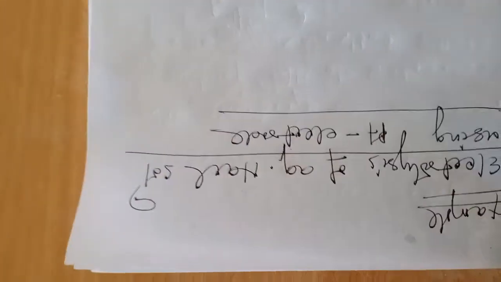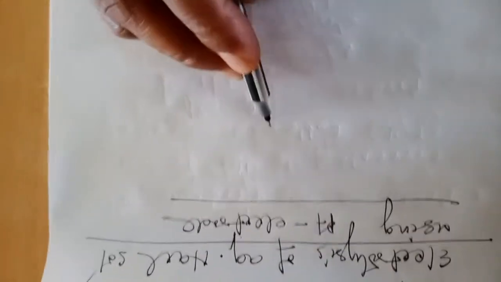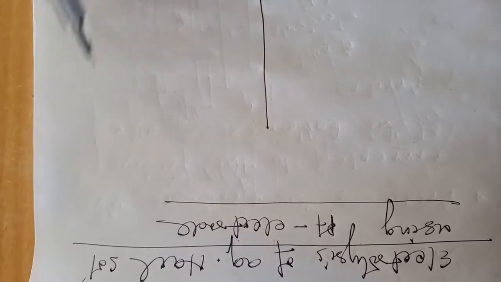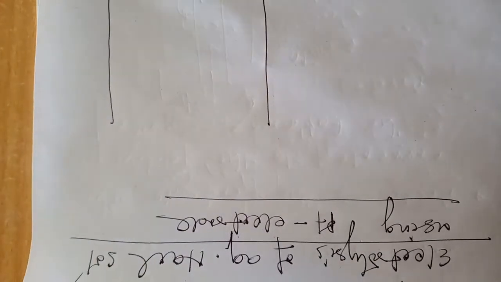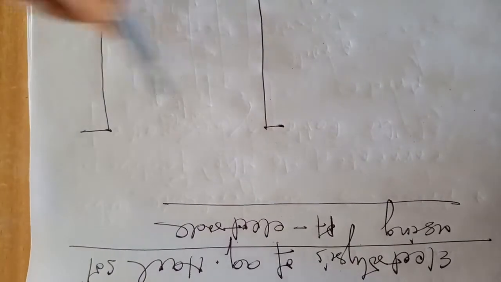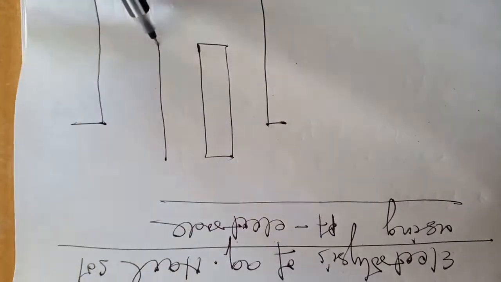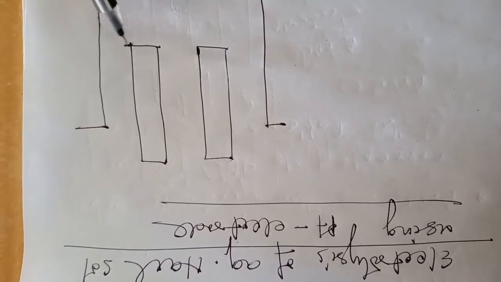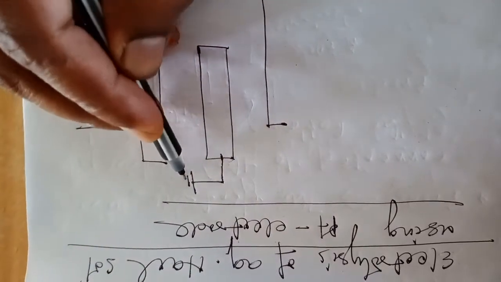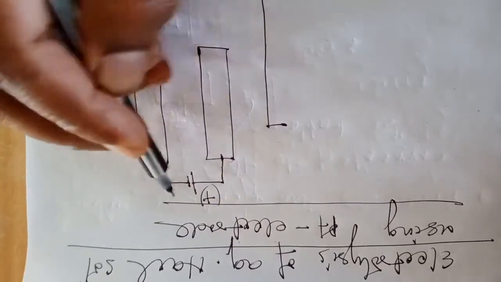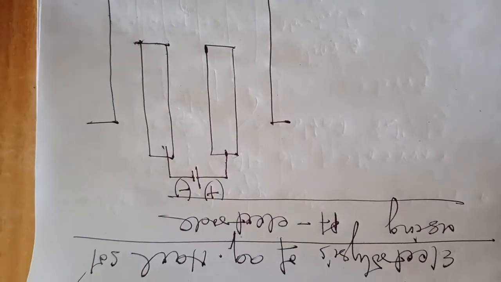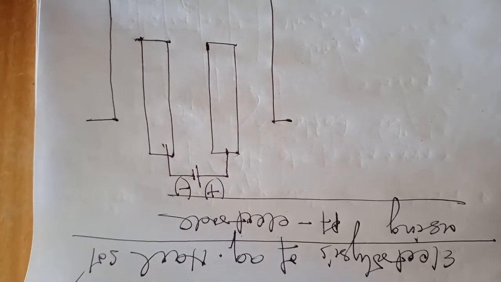Suppose this is a container, an electrolytic vessel, and here I have taken two electrodes, one cathode and another anode, and these two electrodes are made of platinum.